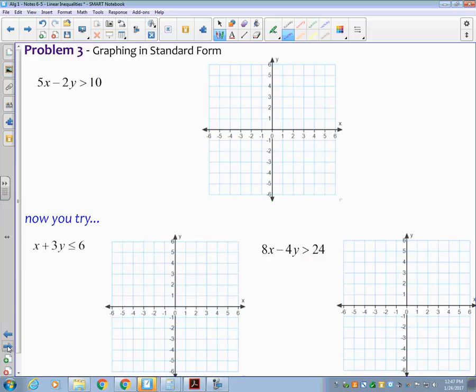All right, what do you do when you don't have the y solved out? We just have to solve for y and then graph it. The trick is, if you multiply or divide by a negative, you have to switch your sign. So write that down.